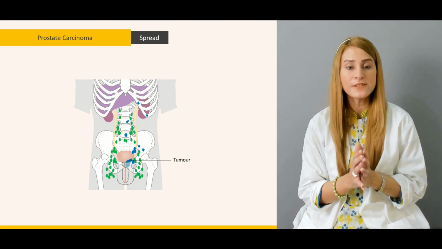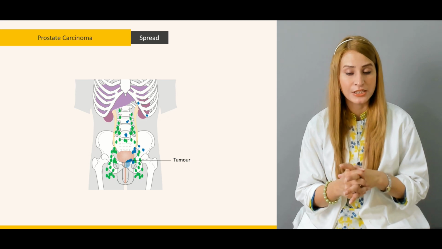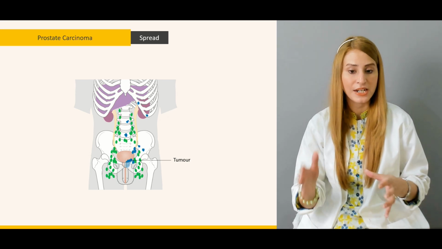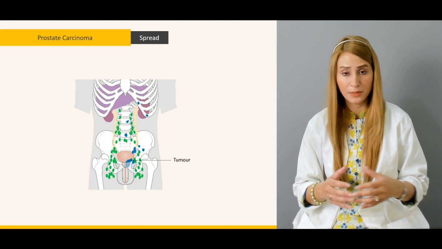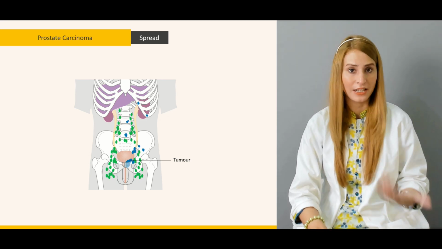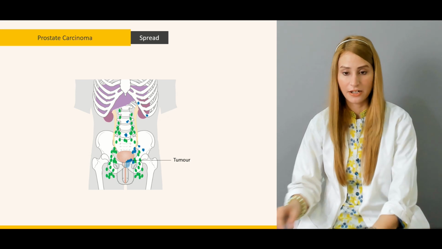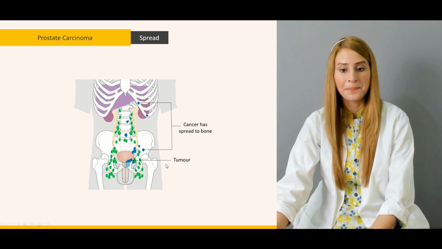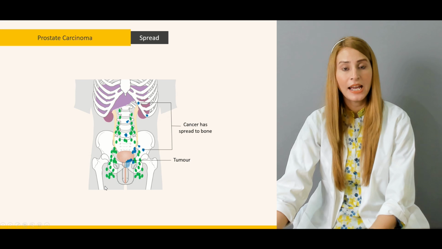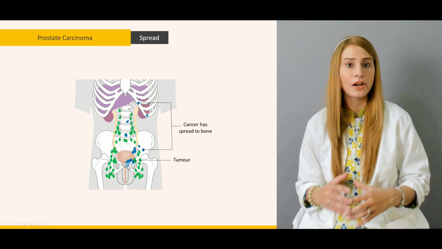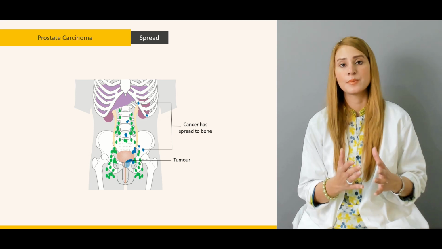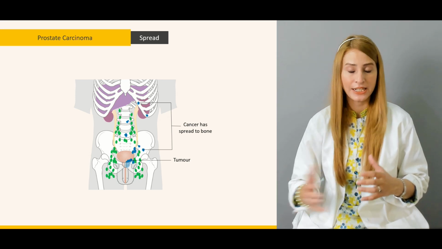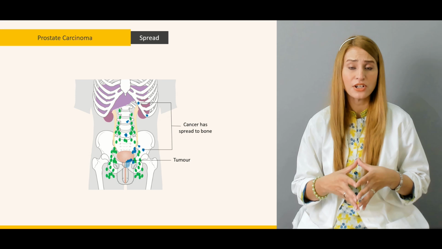Plus, there is also local invasion to surrounding structures, like the rectum, because they are related to one another anteriorly and posteriorly. In the diagram, this is the local spread, breaching the capsule of the prostate gland and then entering the surrounding structures.